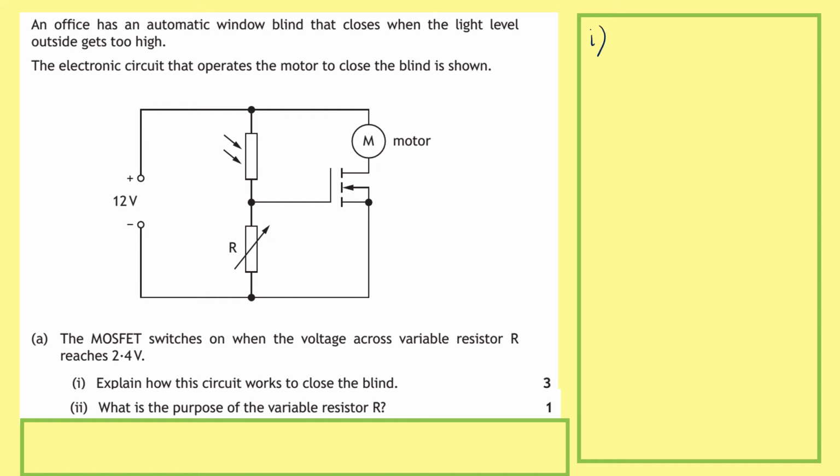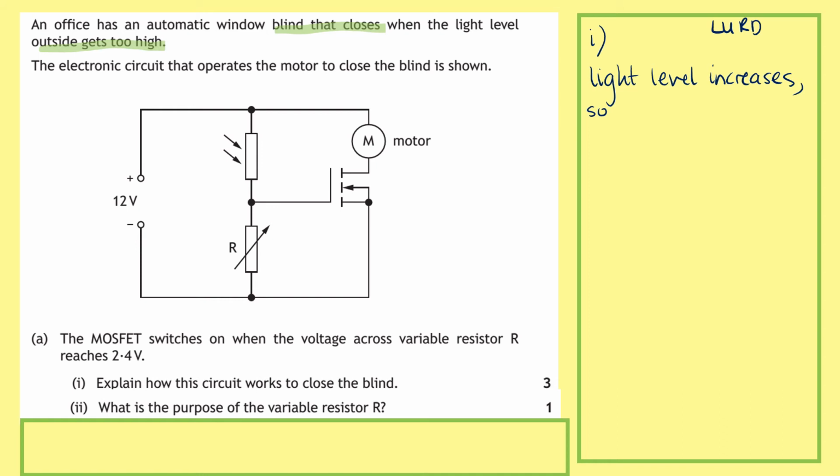So we need to explain how the circuit works to close the blind. Looking at the question itself, we can say the blind closes when the light level outside gets too high. So this is what we can start with. The light level increases. And remembering back to LIRD, light up, resistance down, we can say the light level increases, so the resistance decreases, but we need to be specific.